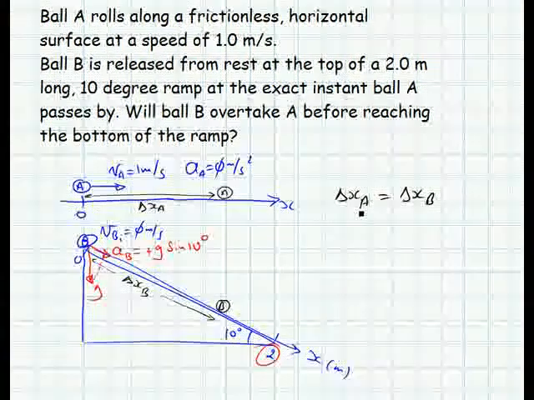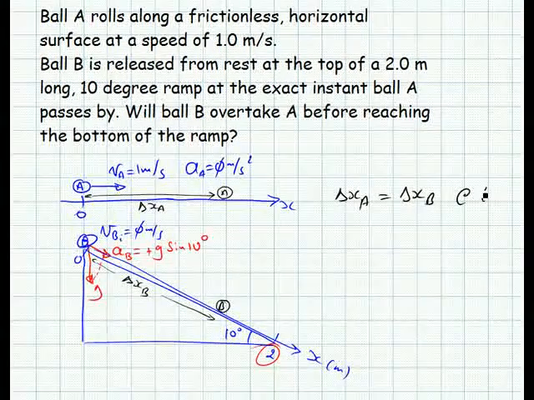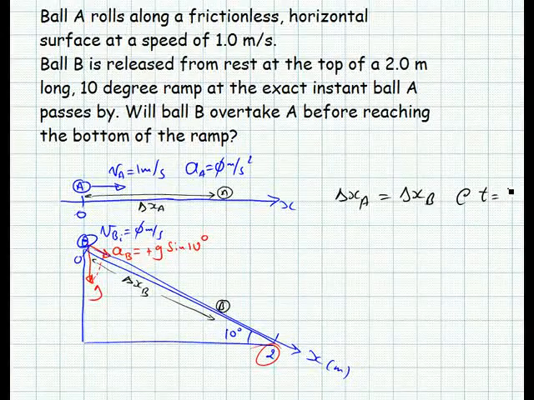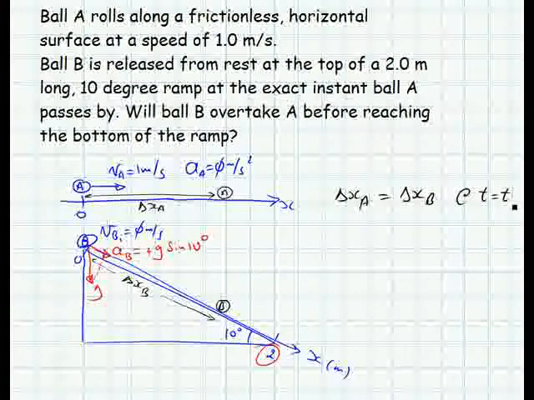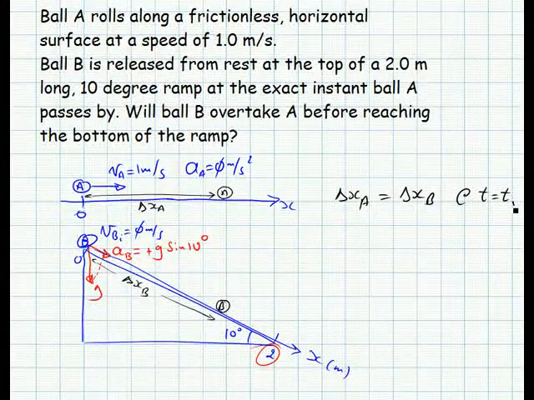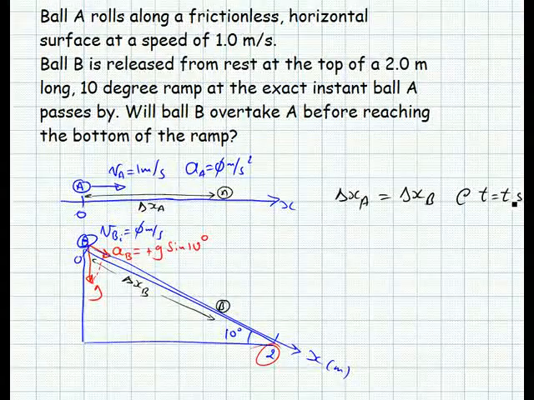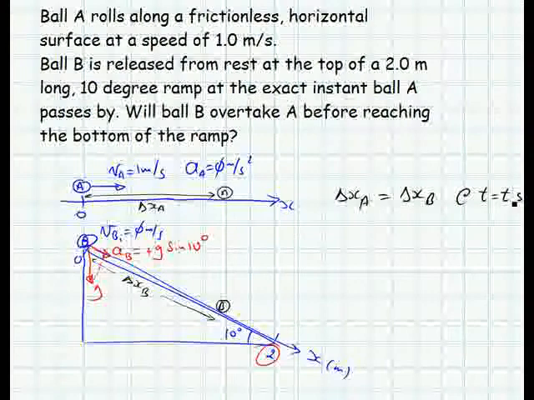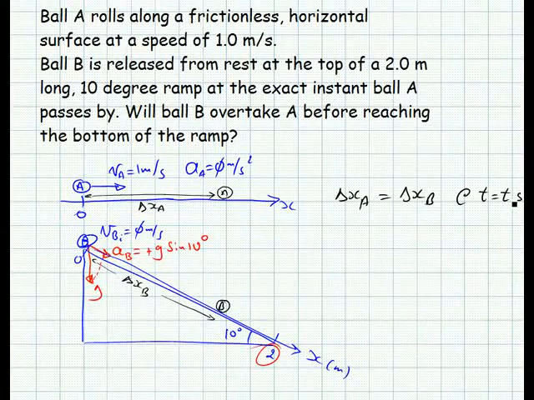So what is displacement? Displacement is area, and let's say that this happens at time equals t1. At t equals t1 seconds, the two displacements are equal, i.e. ball B reaches ball A, after which it overtakes it.